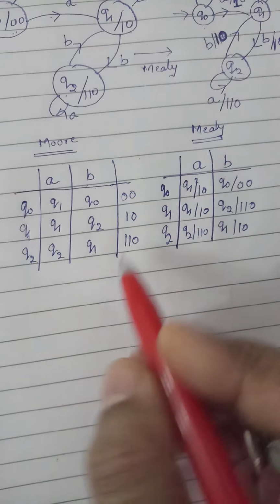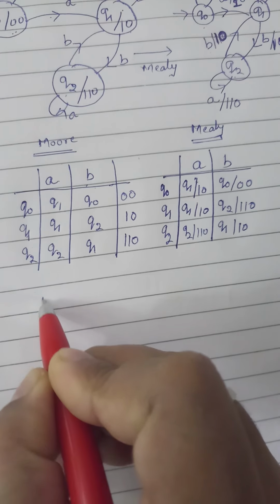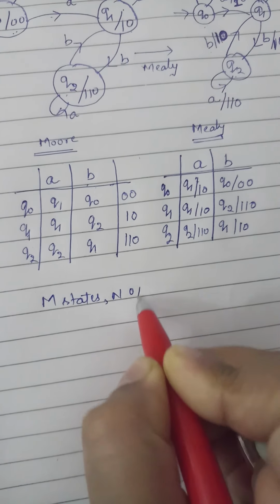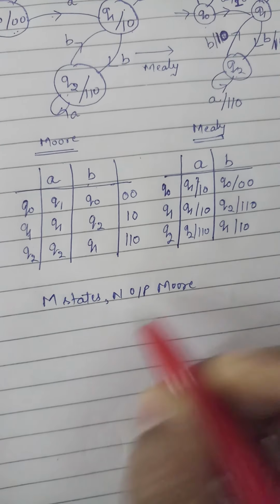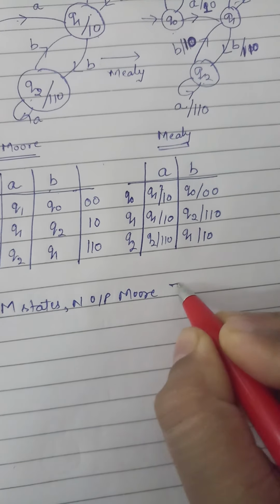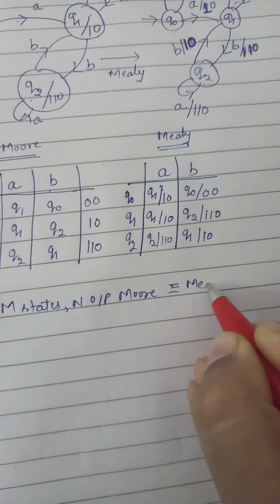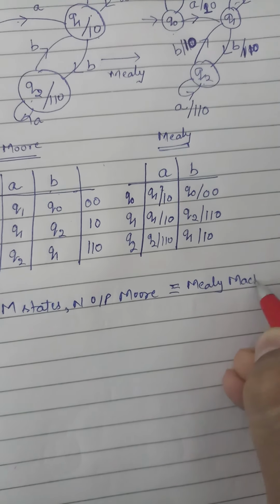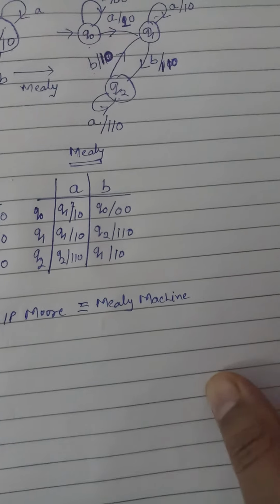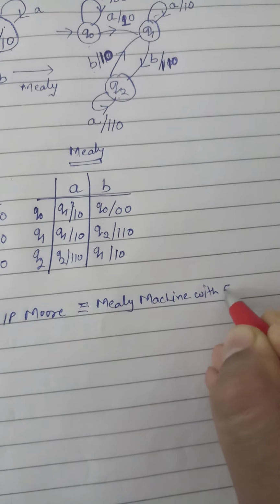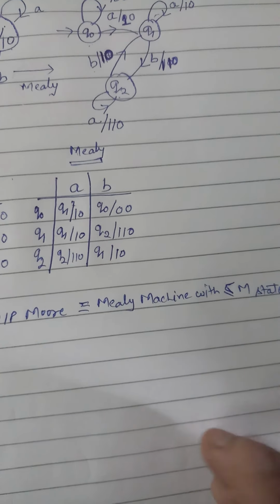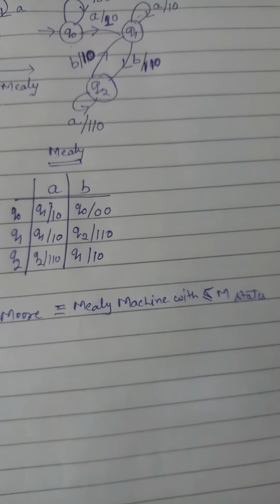Regarding this, one more thing: if we have M states and N outputs in a Moore machine, then it will be equivalent to a Mealy machine with less than or equal to M states.